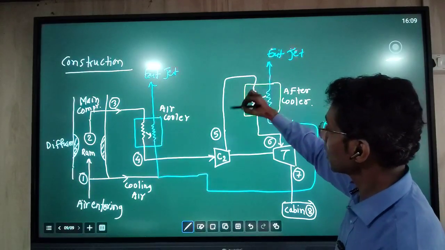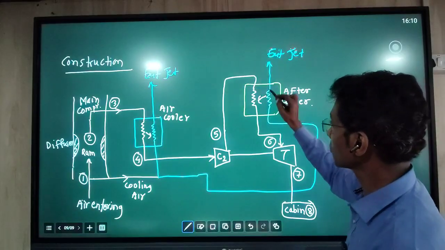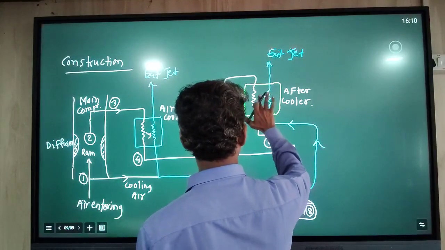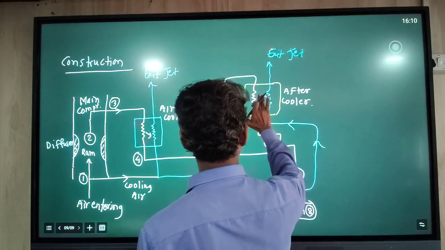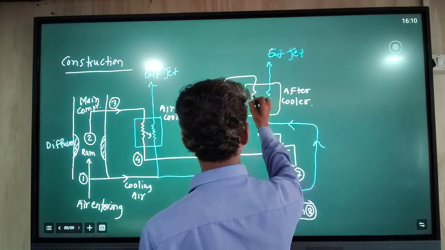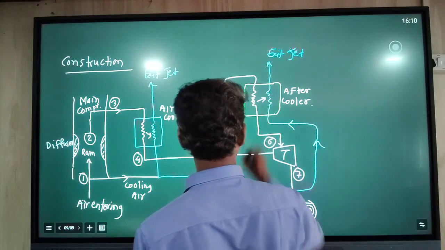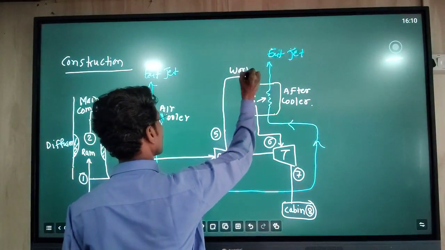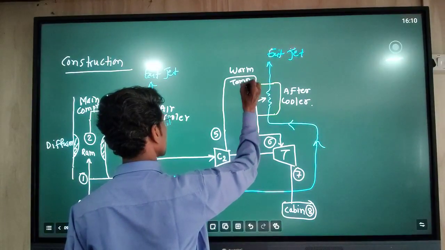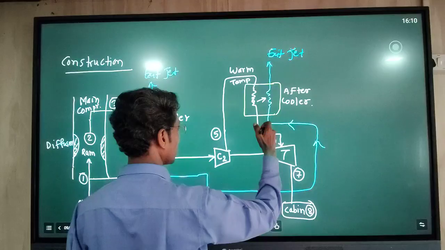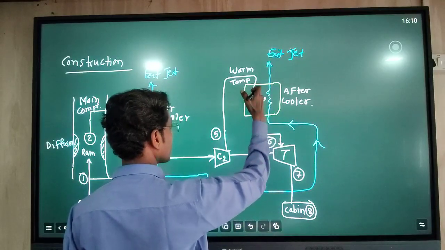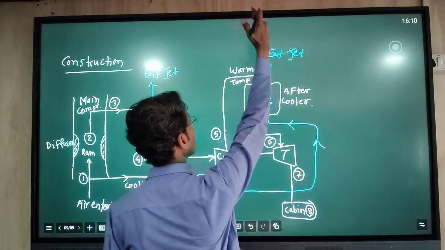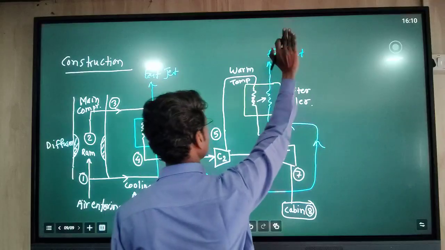Sorry, here the journey is from left to right. The heat is carried from this line by another line in the after cooler, and that heat is released to the atmosphere through the exit jet.